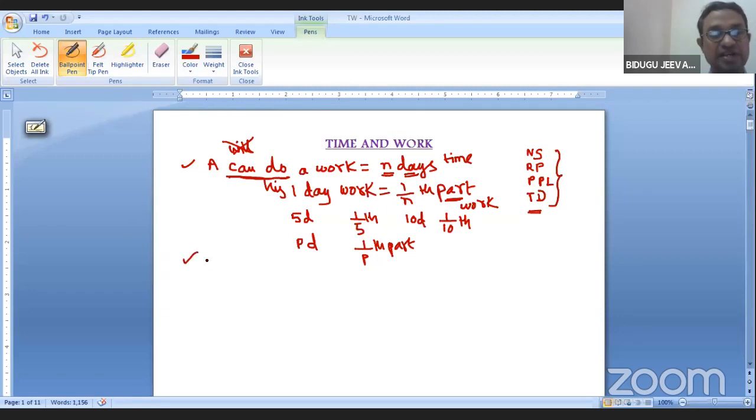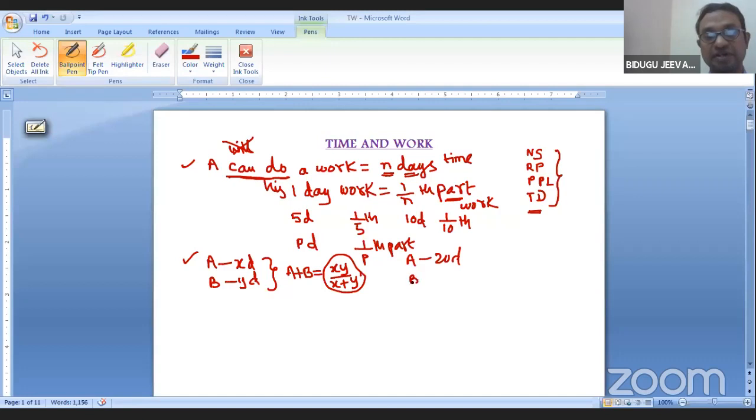Second point. A can do a work in X days. B can do a work in Y days. Both can do in how many days? A and B together, the rule is given: xy by x plus y. You can use this one, right? For example, A can do in 20 days, B can do in 30 days.